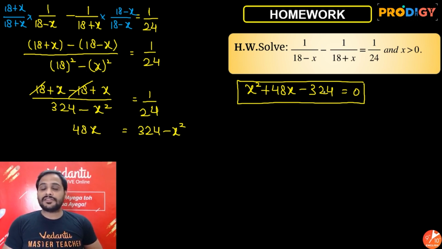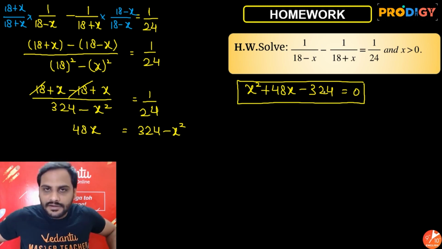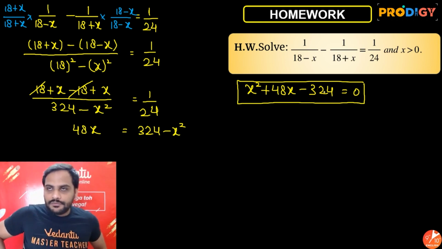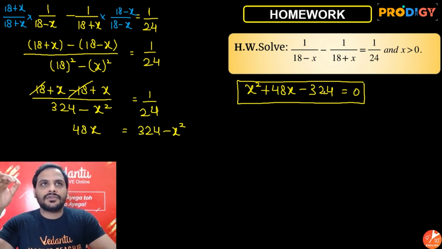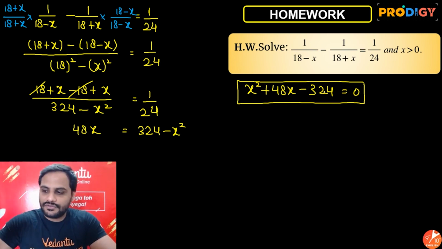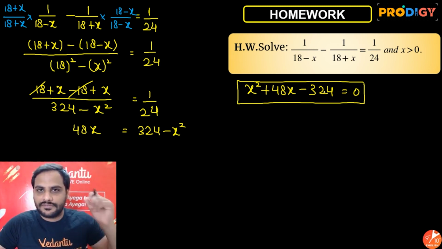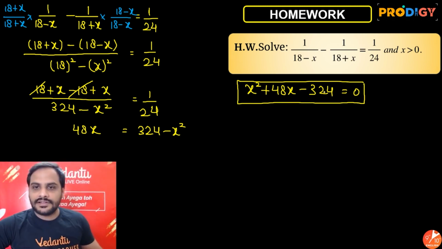Now we need two numbers such that their addition is 48 and their multiplication is minus 324. One factorization of 324 will be 18 into 18. So if I shift 3 over there, 18 times 3 is 54, and 18 divided by 3 is 6, so 54 and 6. Yes, we got the pair, 54 and 6, right?